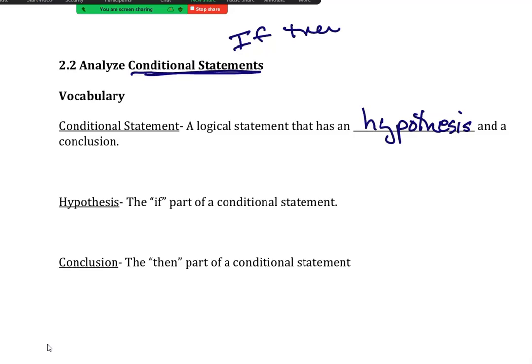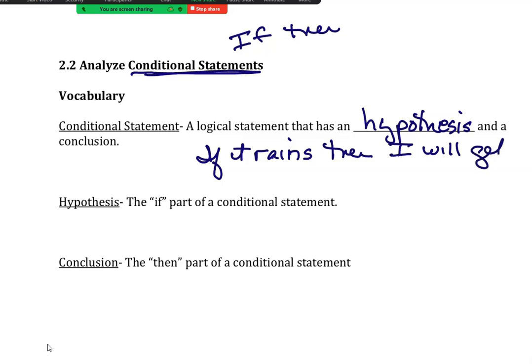So if it rains, then I will get wet. Here is your hypothesis. It follows the if.